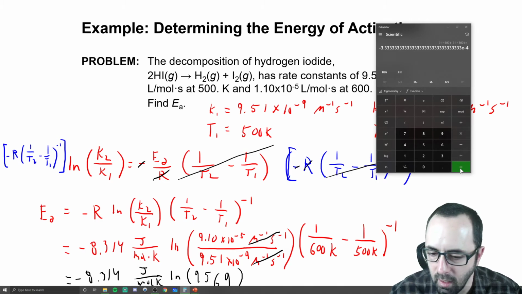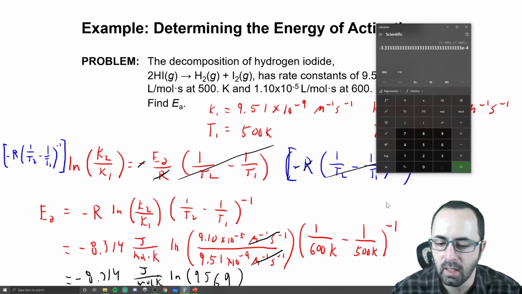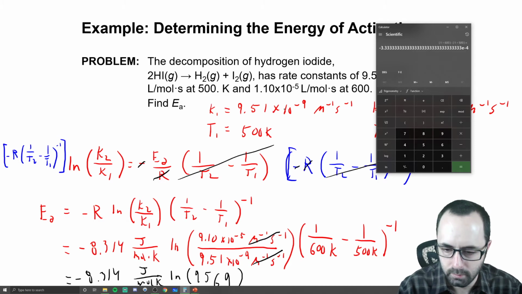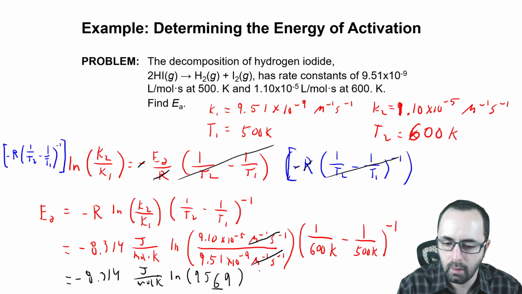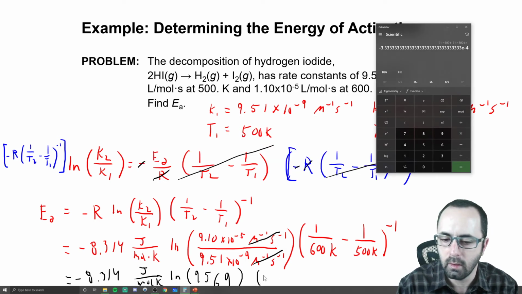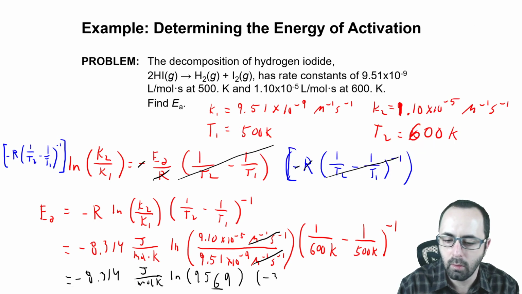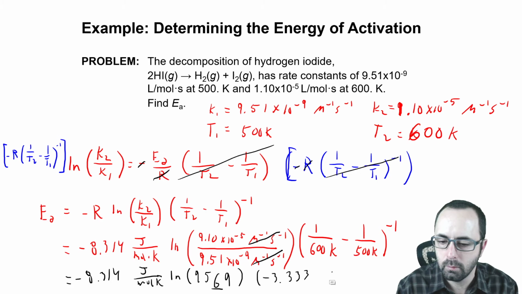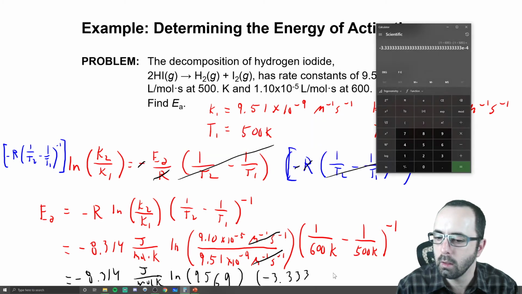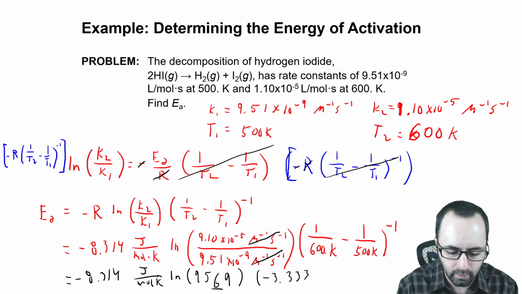Okay, and notice I do get a negative value, which is going to cancel our negative. And so we're going to get -3.333, and these, by the way, have 3 sig figs.